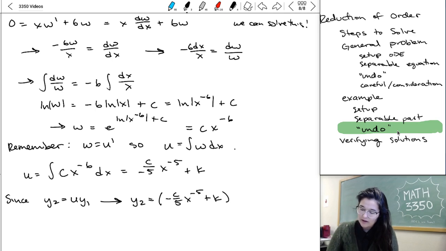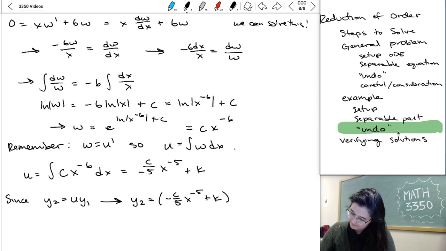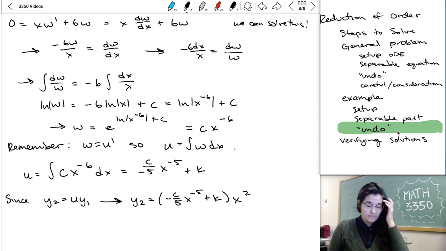And my y1, way back at the start of the problem, was x squared. So I have to plug that in too. And at this point, I've found y2.